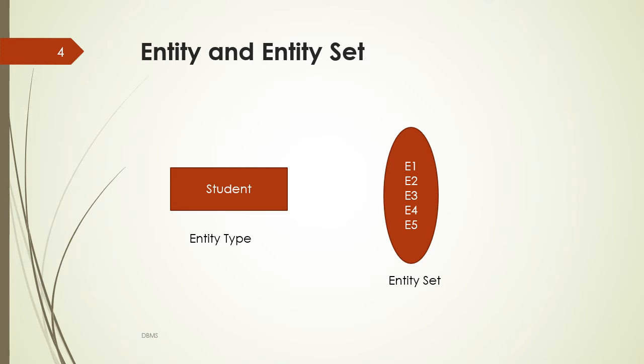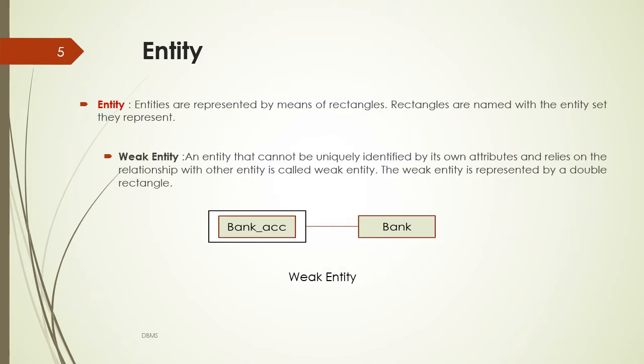There can be a number of students, for example E1, E2, E3, E4 and E5. These are the students. So E1 to E5 become the entity set of the type student. Entities are represented by means of rectangles, and rectangles are named with the entity set they represent.